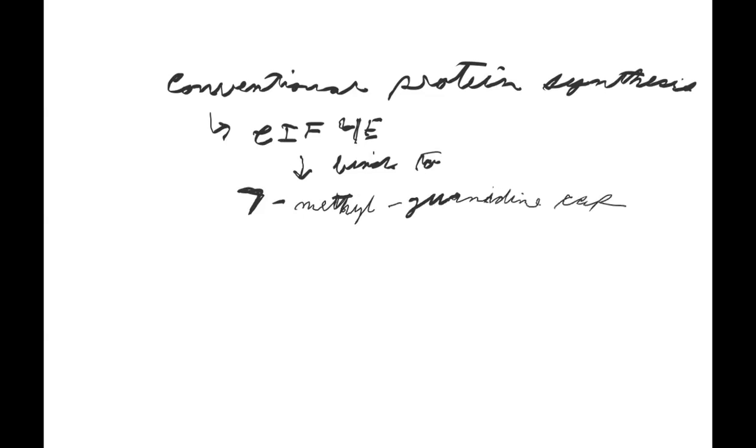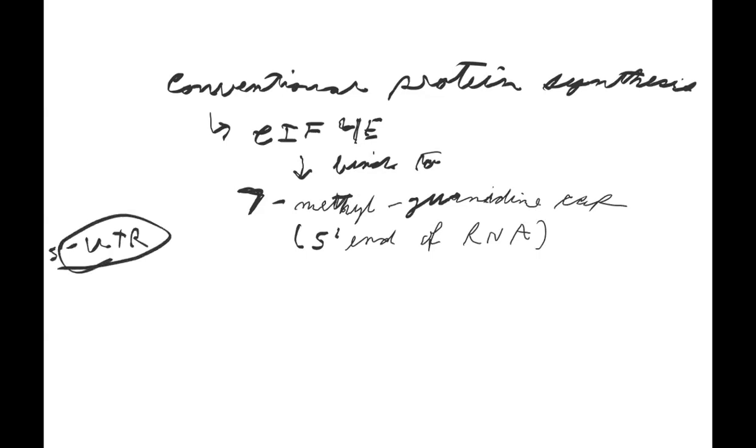This is at the 5' end of the RNA. Now, remember what I was saying about the UTR, the untranslated region, and the 5' is where the initiations are taking place.